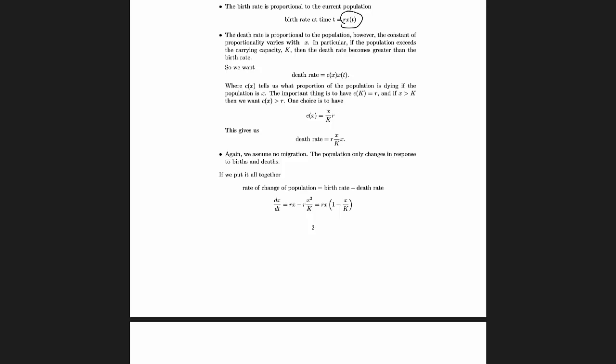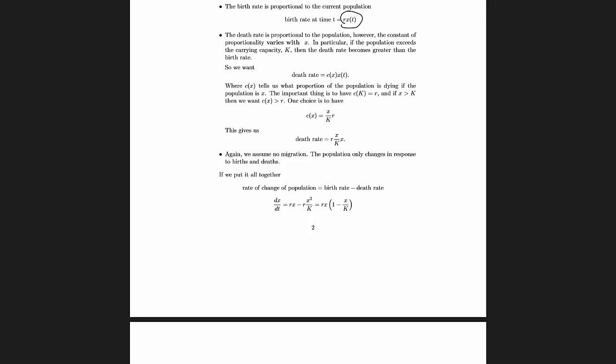What we want to do here is make the death rate variable with the current population, okay? What we're going to do is this. We're going to say the death rate is proportional to the current population, but that the constant of proportionality varies with x. So what this means is that maybe if the population is down near 0, then the proportion that die at any time is not very big.